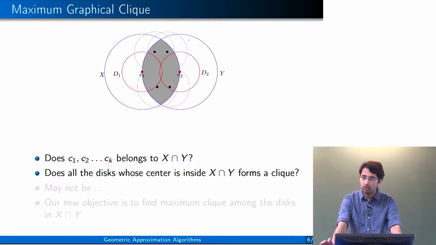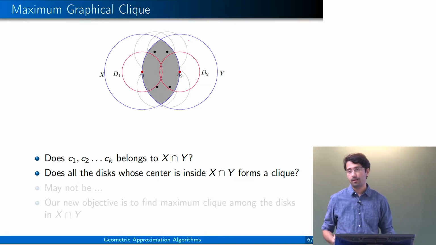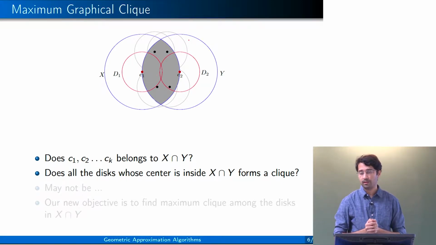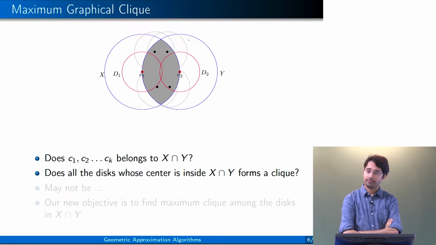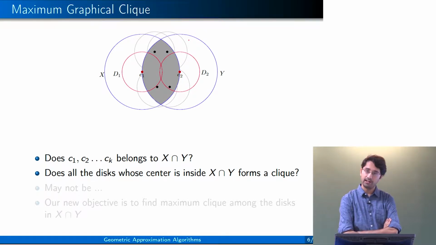So, someone told me that D1, D2 are the furthest, and we found this intersection. Now, the next question is, there will be a lot of centers from the given set of disks present in this intersection, right? Can we say that all the centers of the disks present in this intersection form a clique?